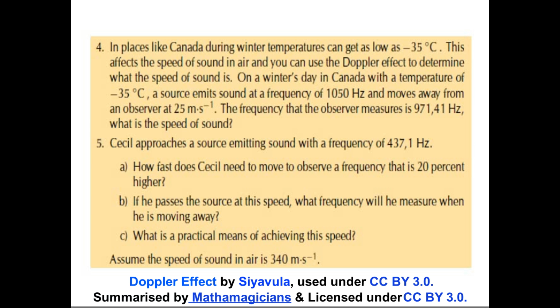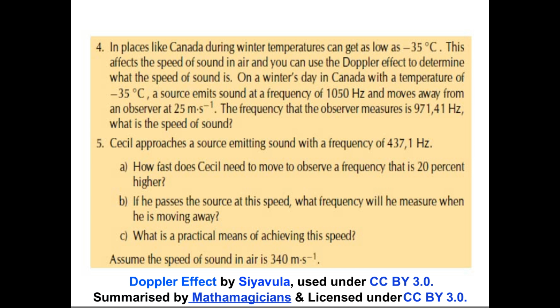Alright, so it reads that in places like Canada, during winter temperatures can get as low as negative 35 degrees Celsius. This affects the speed of sound in air, and you can use the Doppler effect to determine what the speed of sound is.